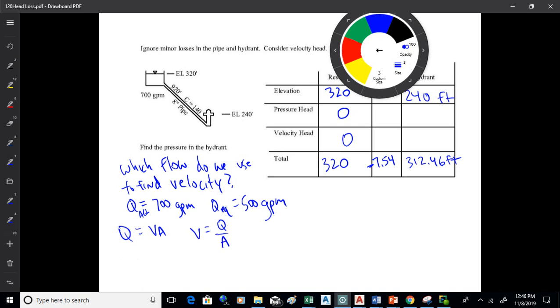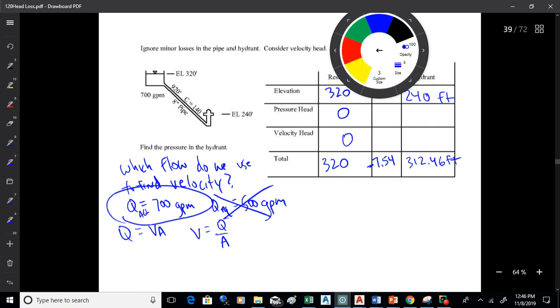And where I'm going with this is the C value doesn't affect the velocity. If you've got an 8-inch pipe and you're pushing 700 gallons per minute through it, it doesn't matter what the C value is. The velocity will stay the same. Okay? So the answer to this is you use the 700 gallons per minute because you're pushing that much flow through an 8-inch pipe.